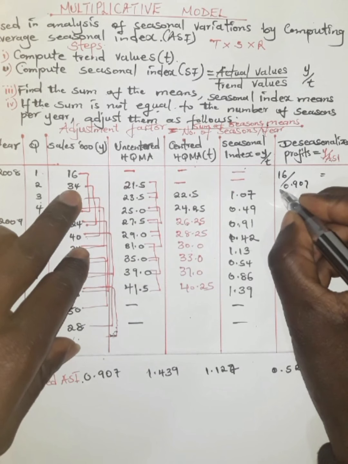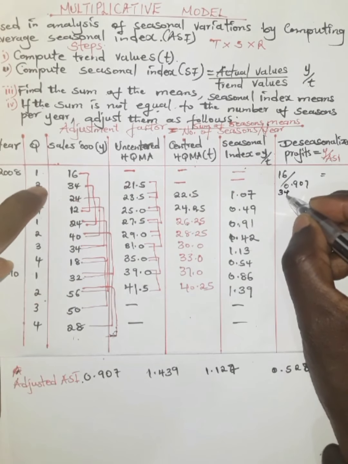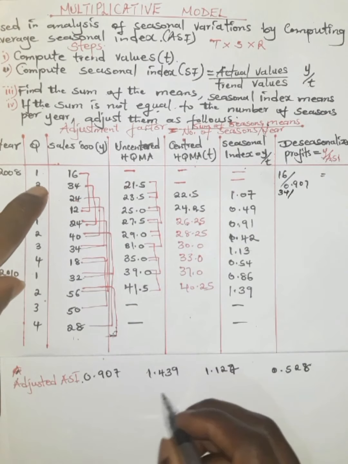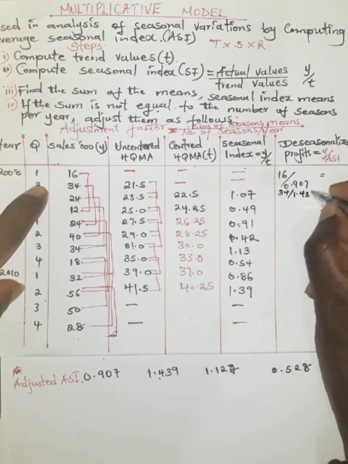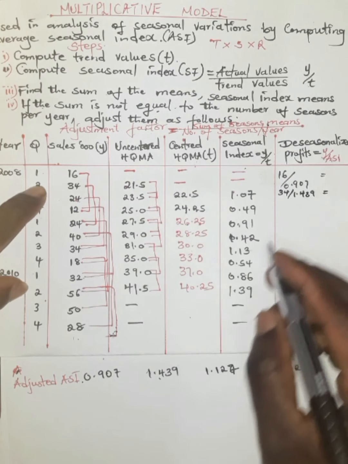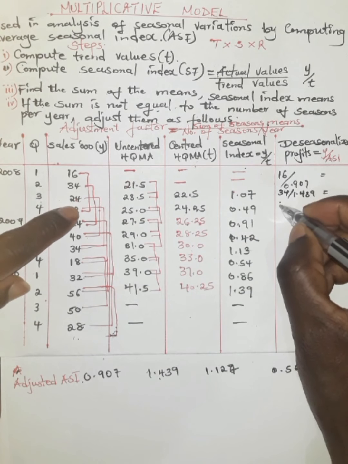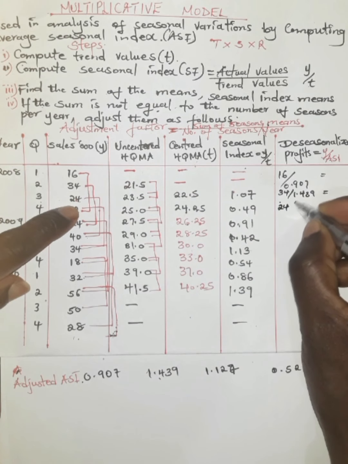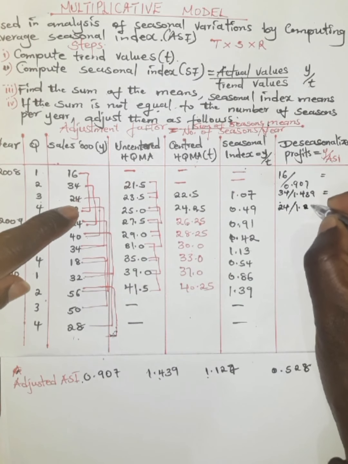This one should be 32 now. The second one should be 34 for the second quarter, divided by 1.439. That is the seasonal index for the second quarter. Then the fourth one should be 24 divided by 1.127.